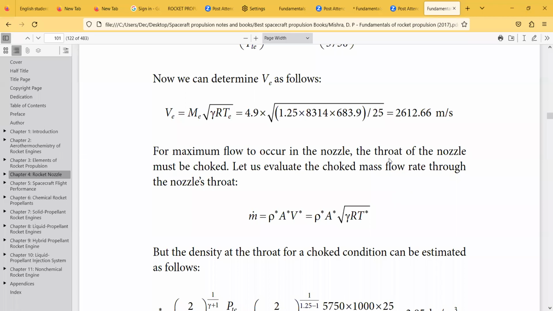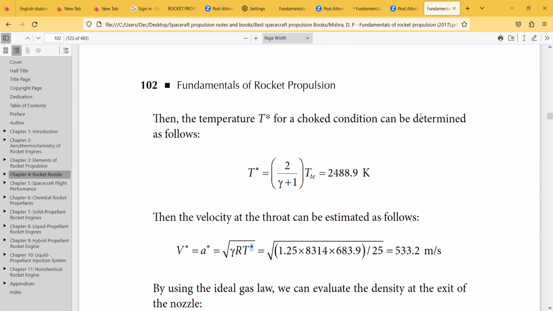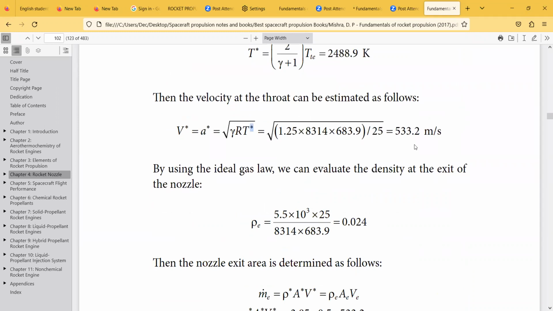At the exit, velocity is 2612.66, but at the throat, velocity is only 533. It is a very high difference because after the throat the flow becomes supersonic, so a high velocity gain will occur at the exit. Okay? So consider those things.